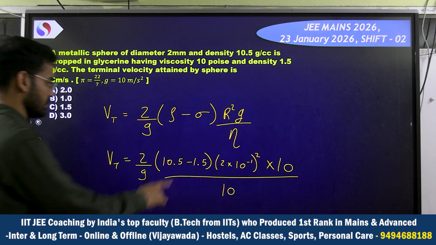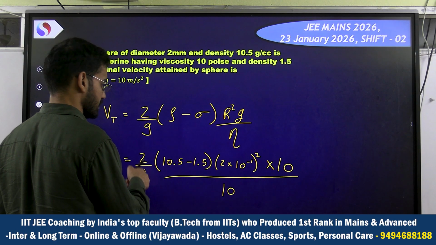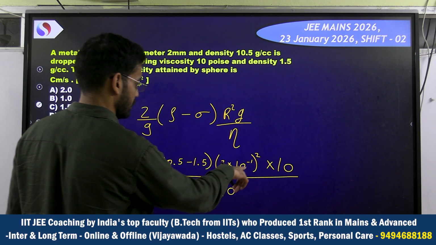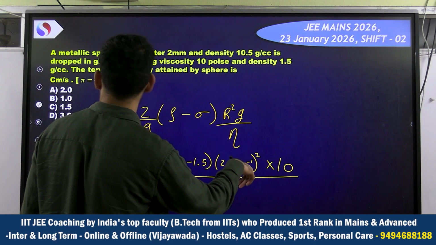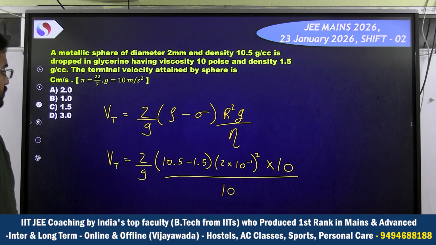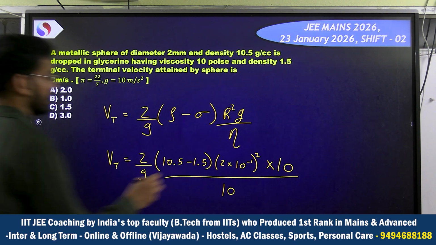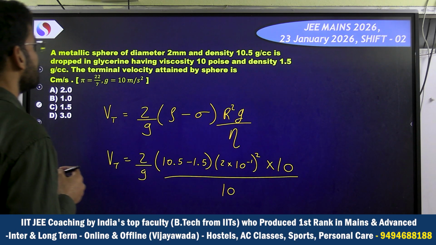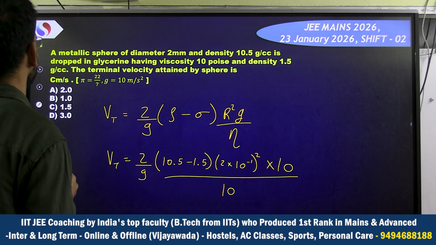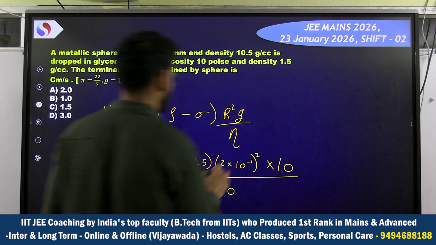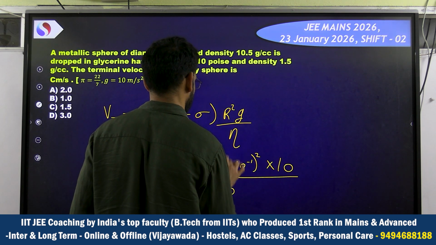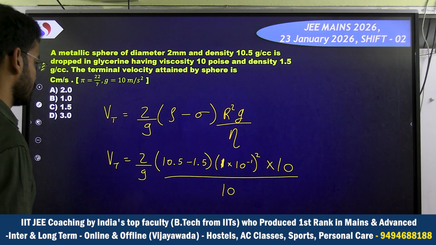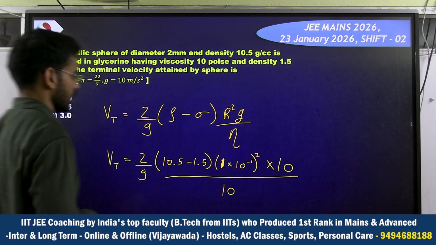The 9 cancels out and 4 something will come, and here 10 to the power minus 2. Why did he give the diameter of the sphere? It is 1 mm radius. Fine, now it is solved. So the answer is option A.